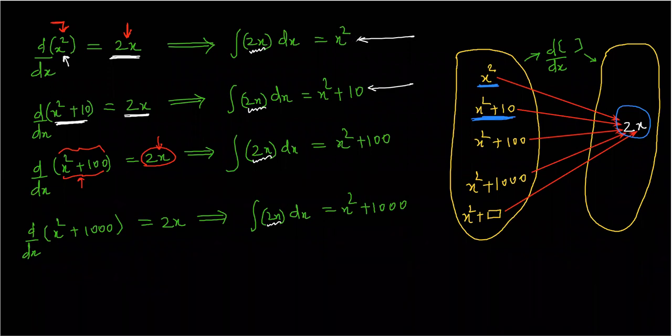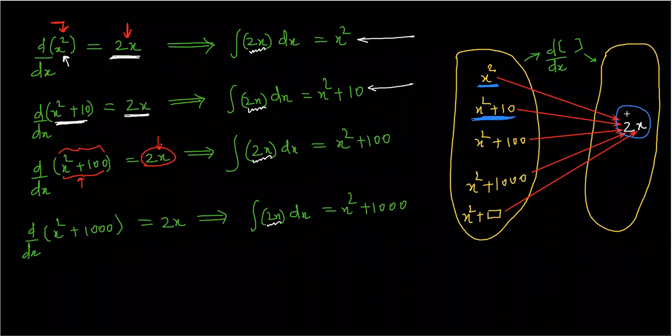But on the right you notice that integration of 2x is x square. Integration of 2x, here it is x square plus 10. Integration of 2x is x square plus 100. It is x square plus 1000. So if I go for integration, what I notice is that integration of a function is not unique.